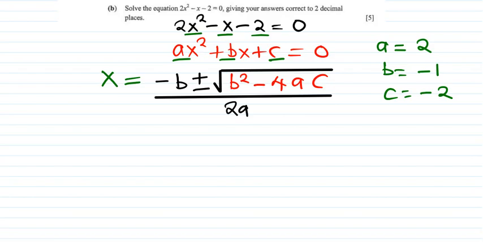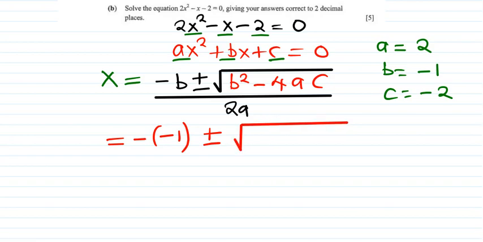Okay, so if there are no issues, we'll just proceed and substitute now in our equation to simplify. Now notice that we have negative b, so negative, and then open our b. Our b is negative 1, so put negative 1 plus or minus the root of b squared.